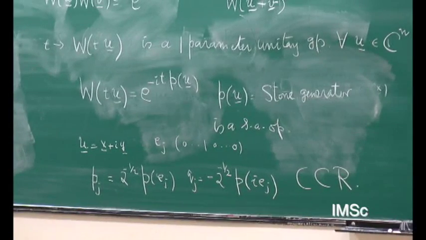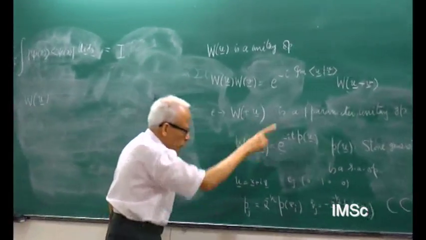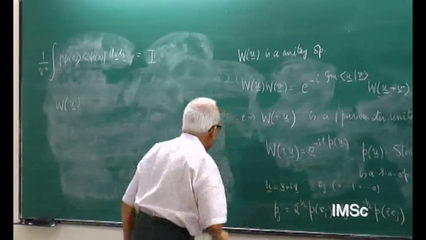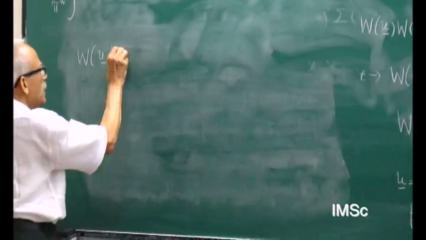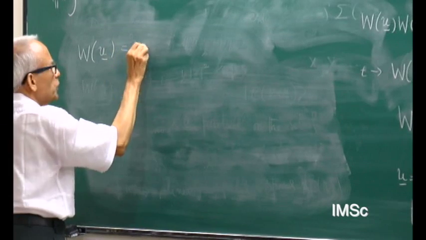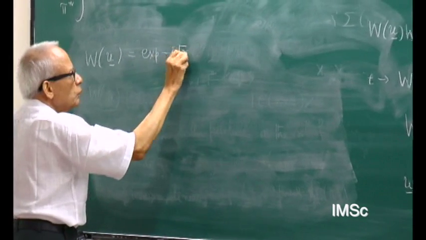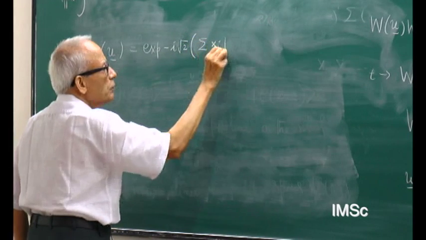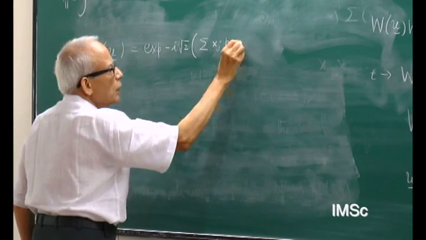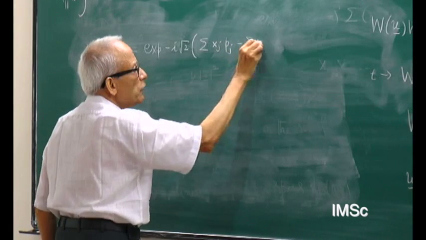W(u), in terms of these Stone generators at a canonical basis which give rise to the CCR, I can write as exponential minus i root 2 into sum of x_j P_j minus sum of y_j Q_j.